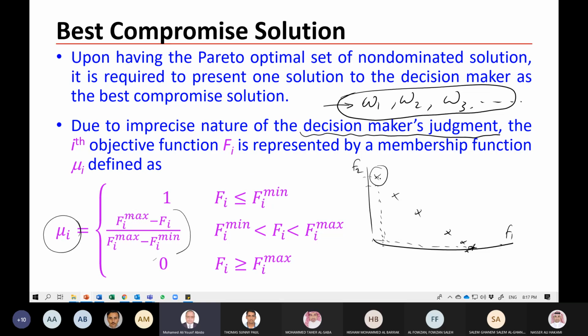For example, this solution is near the maximum, so mu1 will be very low, 0.2 for example. And mu2 you can calculate, 0.7 or 0.8, whatever, 0.7 for example.